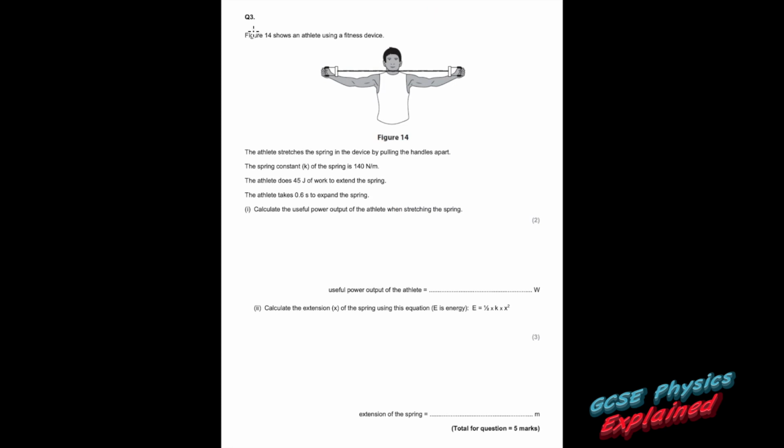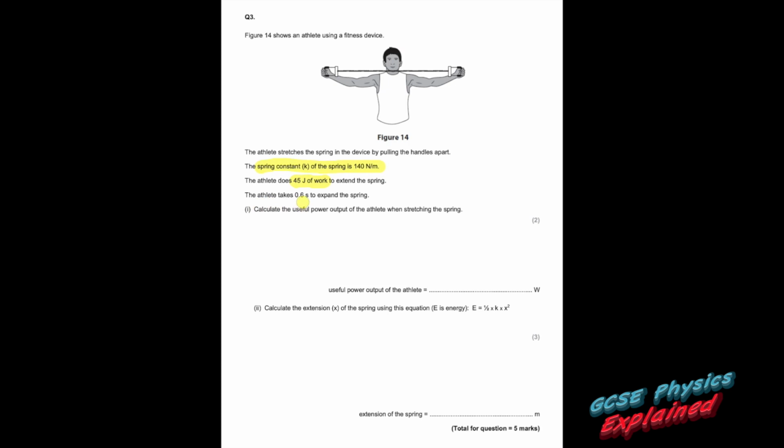Question 3. Figure 14 shows an athlete using a fitness device. The athlete stretches the spring in the device by pulling the handles apart. The spring constant K of the spring is 140 newtons per metre. The athlete does 45 joules of work to extend the spring.